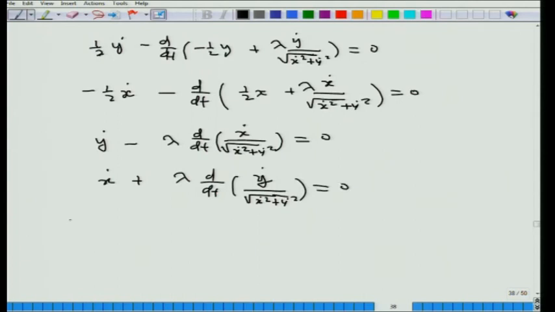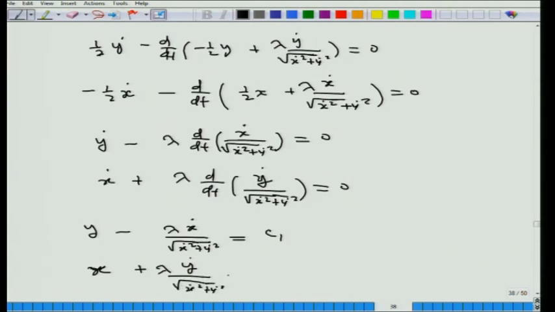These can be integrated to get y minus lambda x dot over the square root of x dot square plus y dot square equal to C1, and x plus lambda y dot over the square root of x dot square plus y dot square equal to C2. We do not need to integrate it; we can see that (y minus C1) square plus (x minus C2) square gives us lambda square.